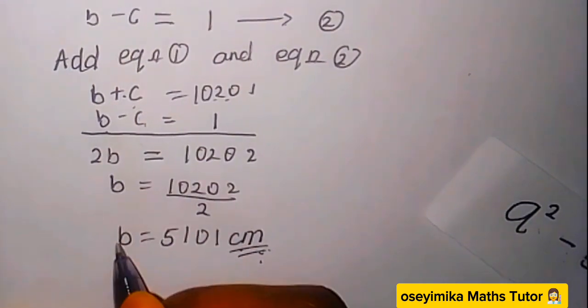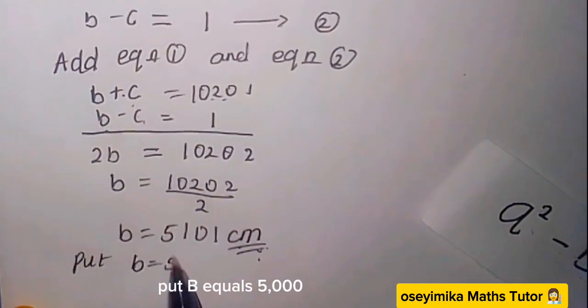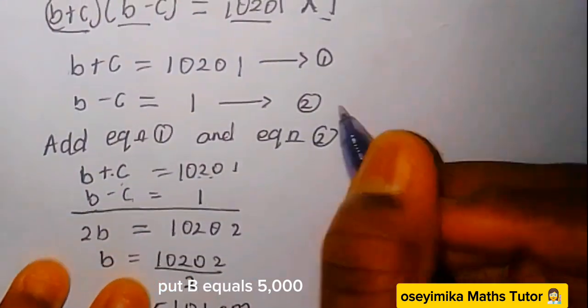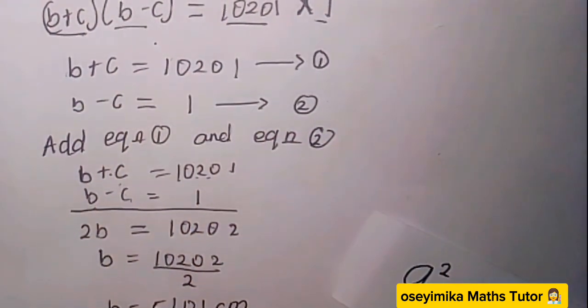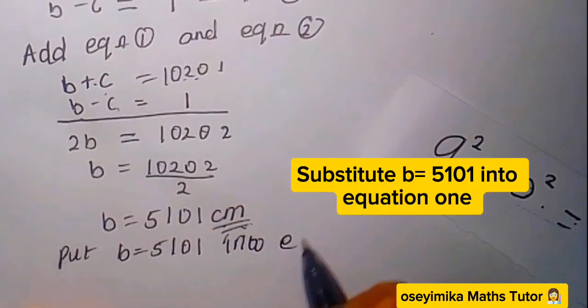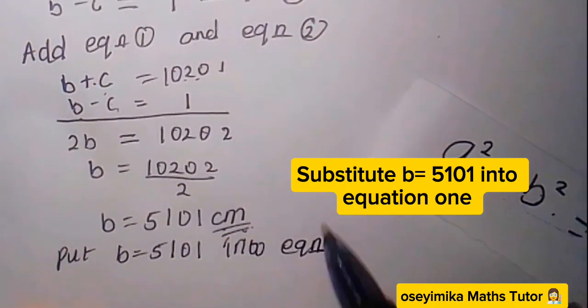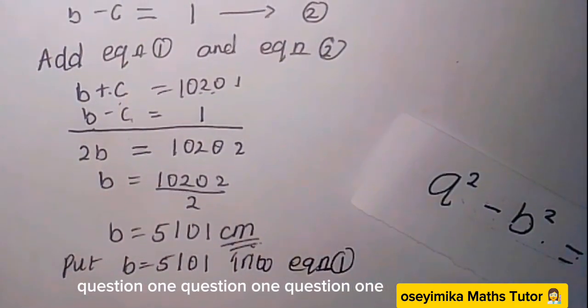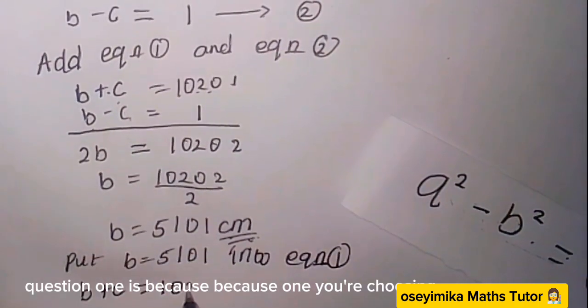Now to get our C, I'm going to put B equals 5,101 into any of these two equations. Let's put it into equation 1. Equation 1 is B plus C equals 10201.